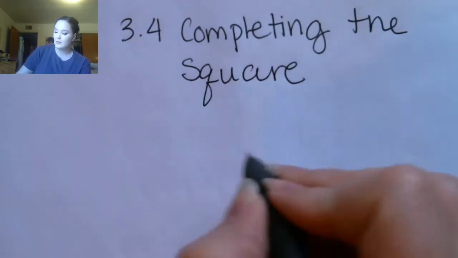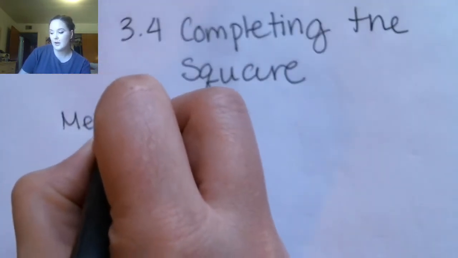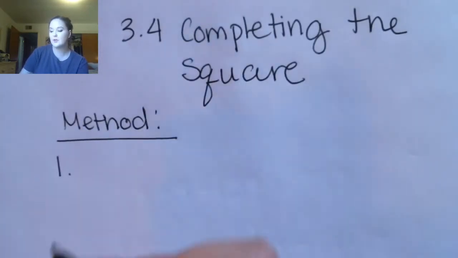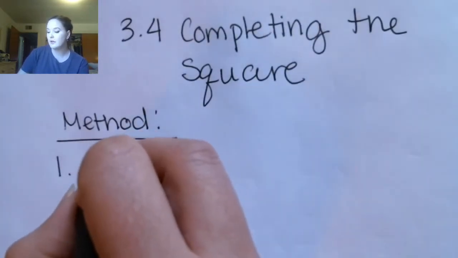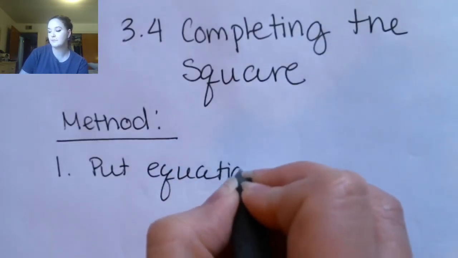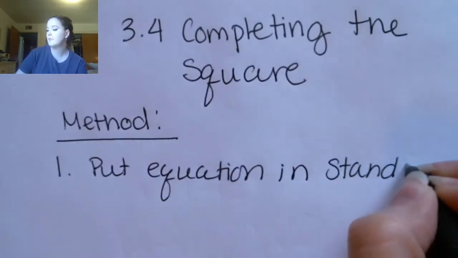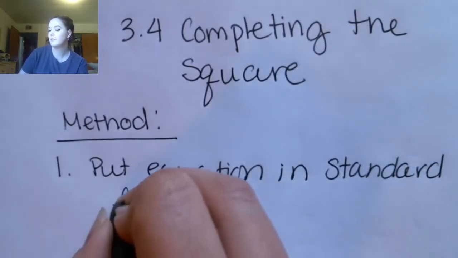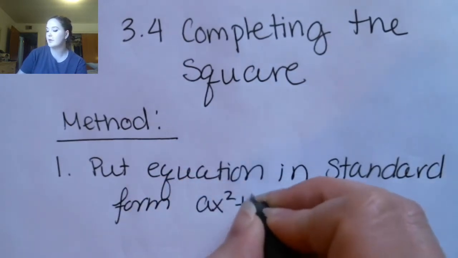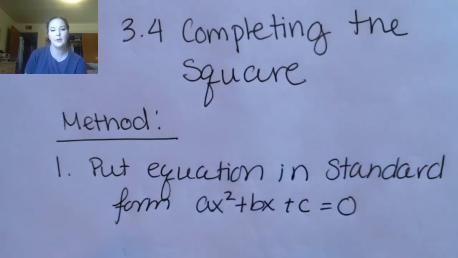Okay, so let's talk about how you do this method because this is something that you may not have seen before. The first step is to put your equation in standard form, which is the ax squared plus bx plus c equals 0 form.